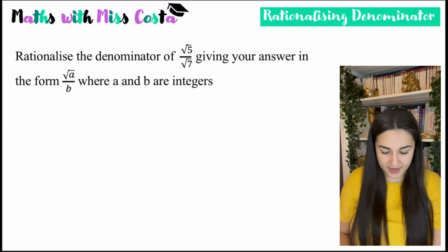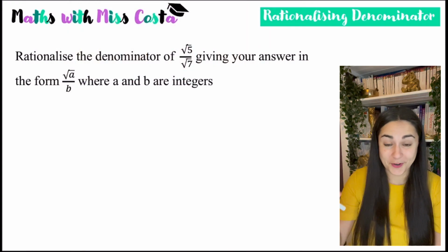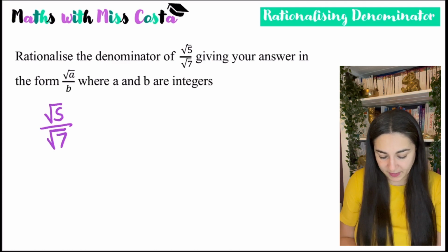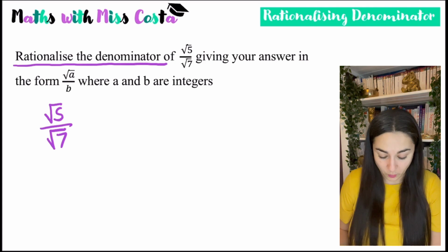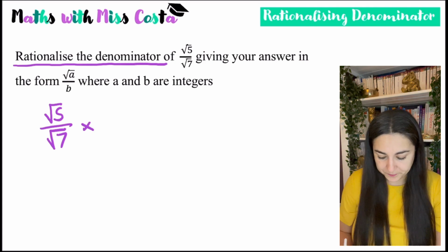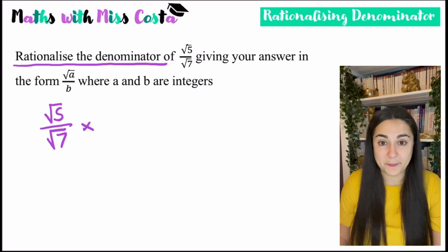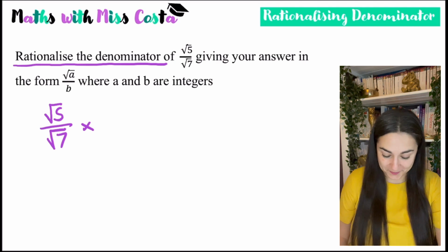So let's try another question. This is a slightly bit trickier because it's got a surd on the top, but don't panic. So we've got root 5 over root 7, and I want to rationalise the denominator. So therefore, I'm going to multiply by whatever's on the denominator. And then I want to write my answer in the form root a over b. All that means is I'm not going to be able to rationalise the numerator, but that doesn't matter.